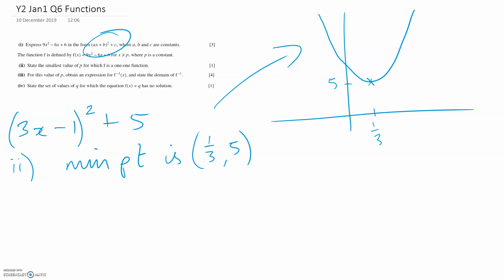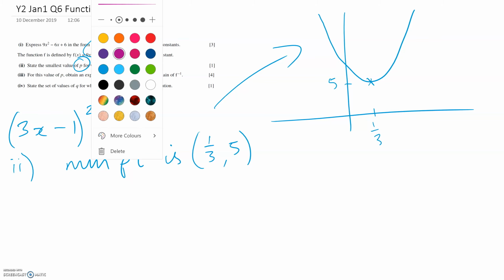Now the question is saying, state the smallest value of p for which this is a 1-to-1 function. So x has to be greater than p for it to be a 1-to-1 function. Now a 1-to-1 function means that for every one x value there is only one y value, and vice versa.